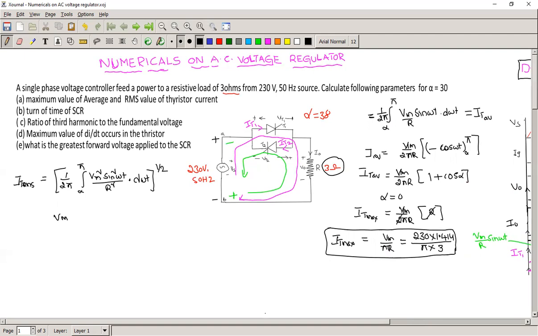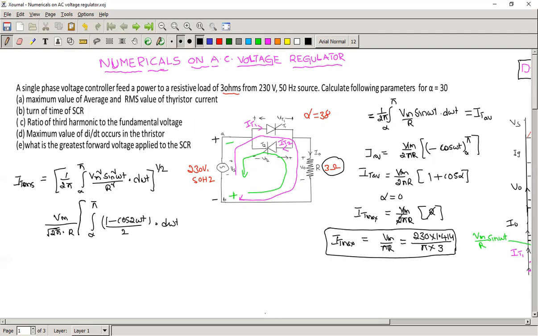So finally, if you take outside the root, Vm by root 2 pi, this root is a 2 and pi, R, 1 minus cos 2 omega t divided by 2, limits from alpha to pi, d omega t.